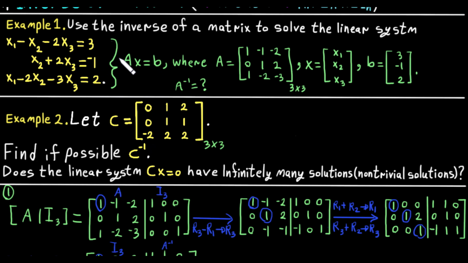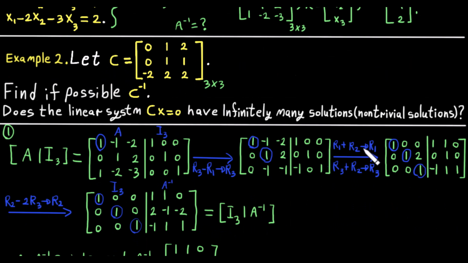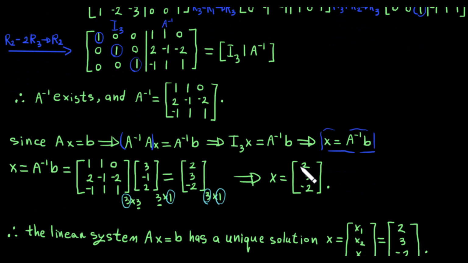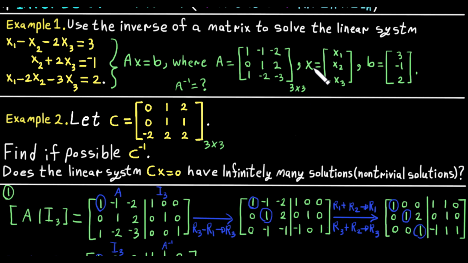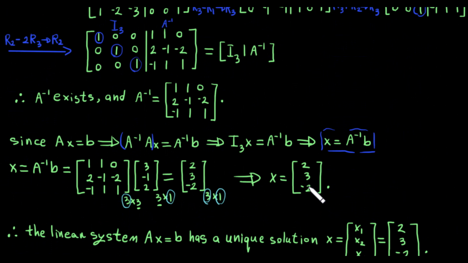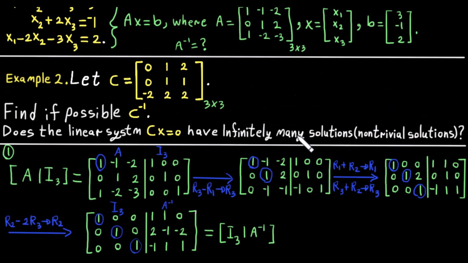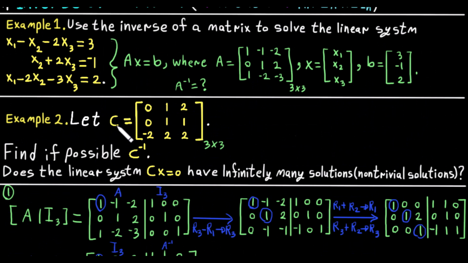Since A inverse exists, the system has a unique solution, which is x equal to 2, 3, negative 2. But for the solution of this one, since it's a unique solution, it has only x equal to 0, so all x1, x2, x3 are 0.